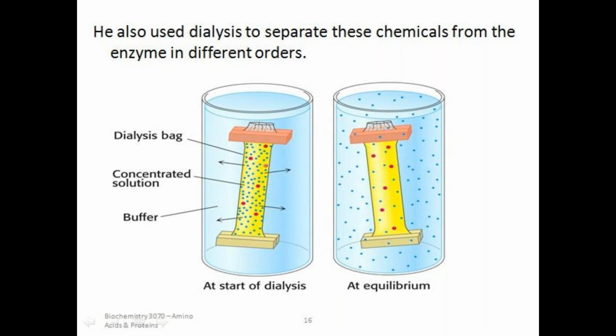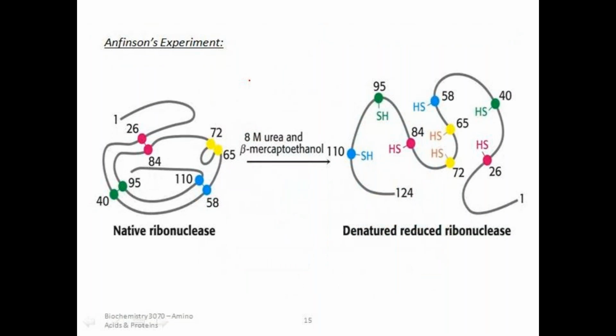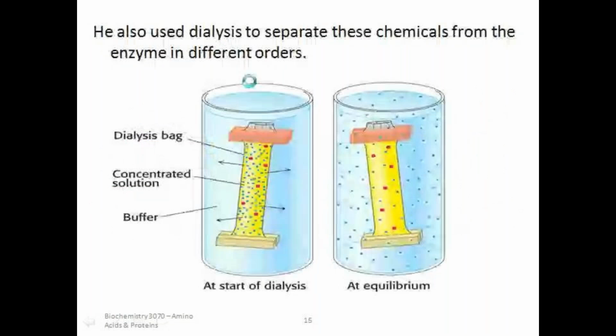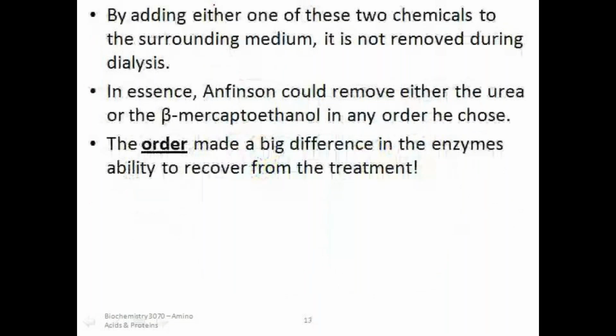the dialysis process, which separates the different chemicals present. Here, by adding either of these two chemicals, urea or beta mercaptoethanol, to the surrounding media, it is not removed during dialysis.